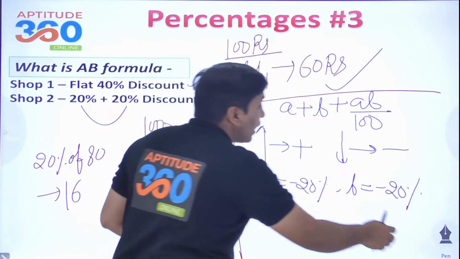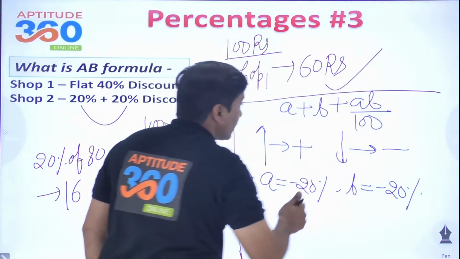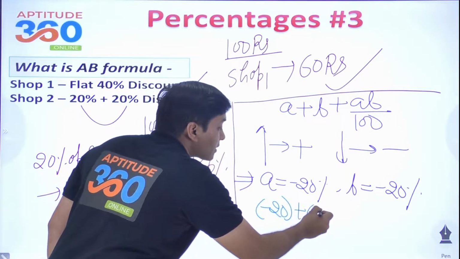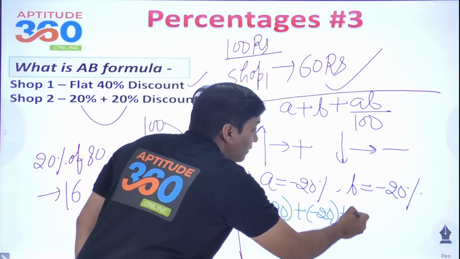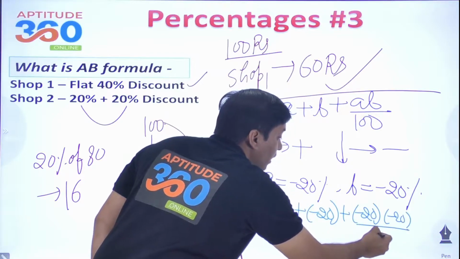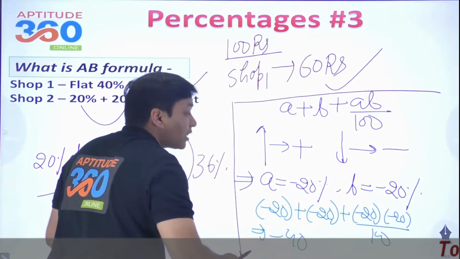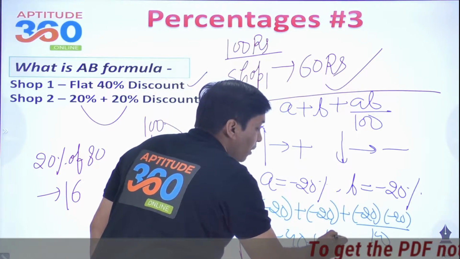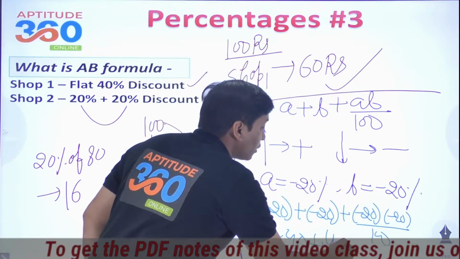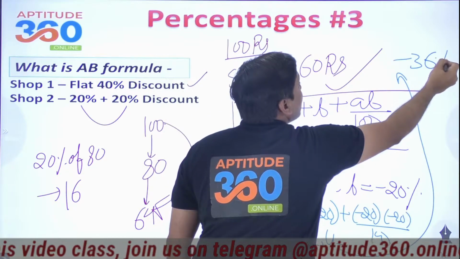That is how it has to be taken as a negative value. Now, if we apply the formula, what is that you should be getting here? You should be getting A is minus 20 and B is minus 20, and that is coming out as minus 20 times minus 20 upon 100. Now if you simplify this thing, so minus 20 will be minus 40, and this will be negative into negative will be coming out as positive 4, right? 400 upon 100 will give you this value, and if you simplify this, you are going to get minus 36%.